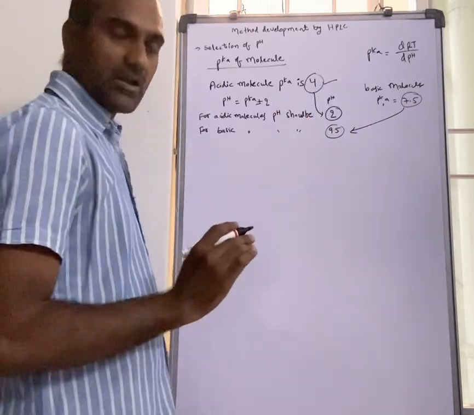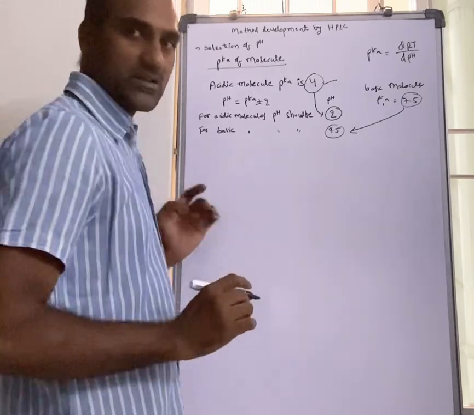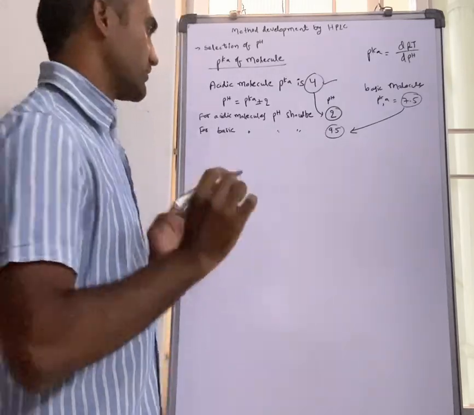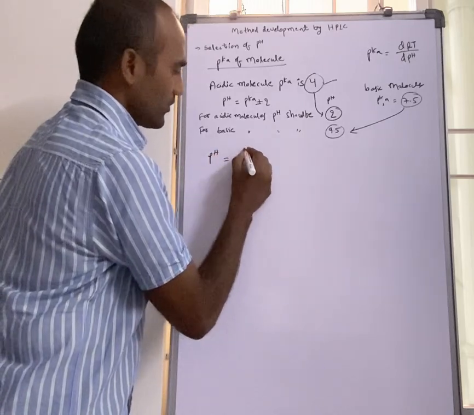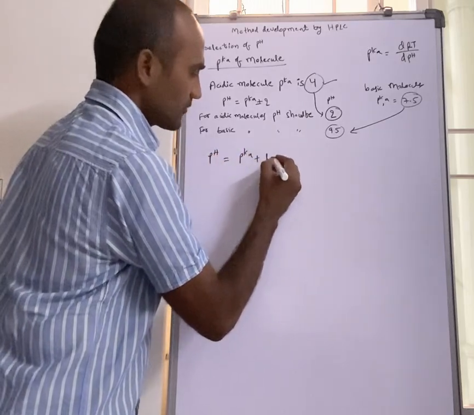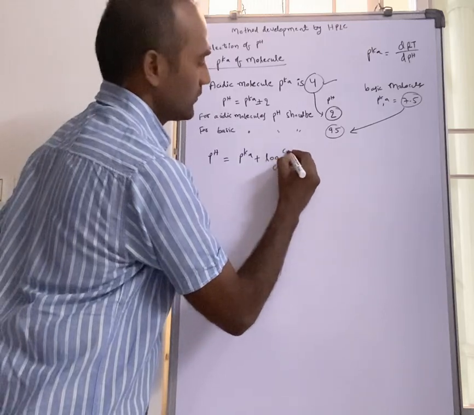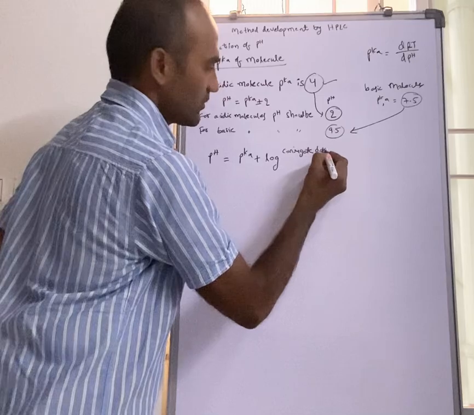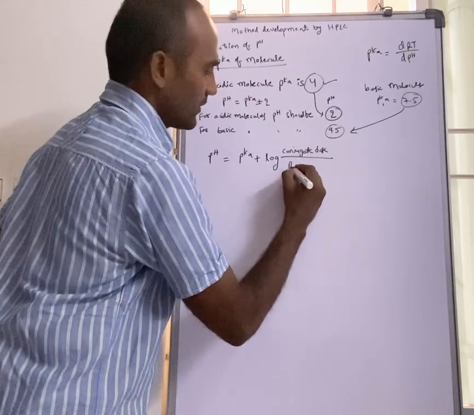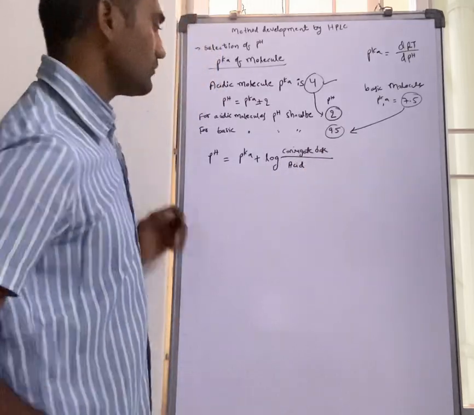Why this? Because it is according to the Henderson-Hasselbalch equation: pH is equal to pKa plus log of conjugate base by weak acid.